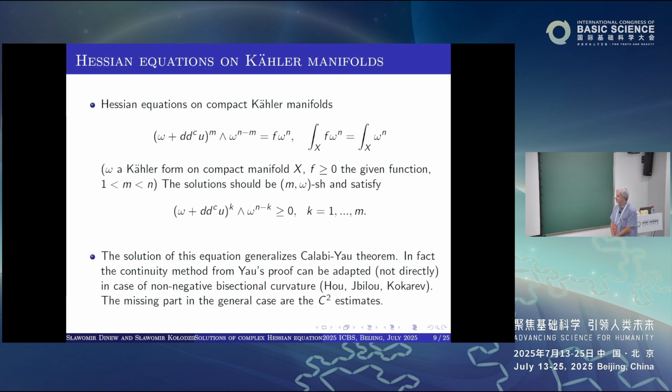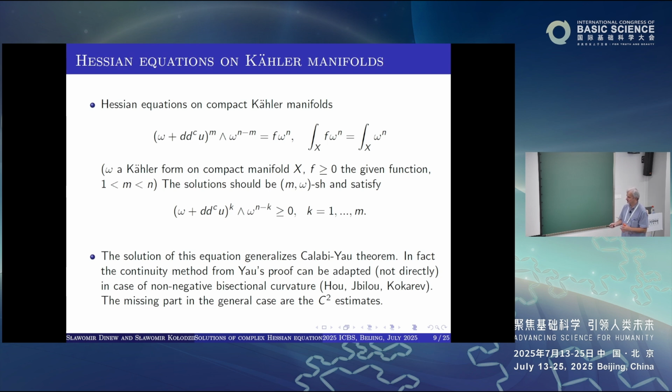So if F is positive and smooth, then this would give a generalization of Calabi-Yau from the Monge-Ampère case. And in fact, this was the first thing people tried, just to extend Yau's proof, and it worked up to a point. It worked under the extra assumption of non-negative bisectional curvature.